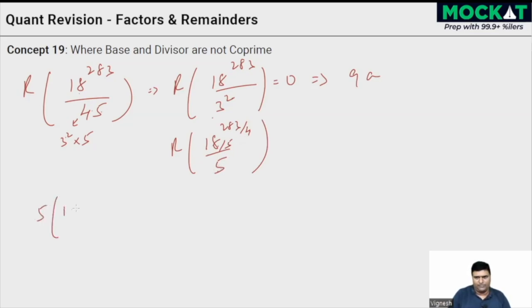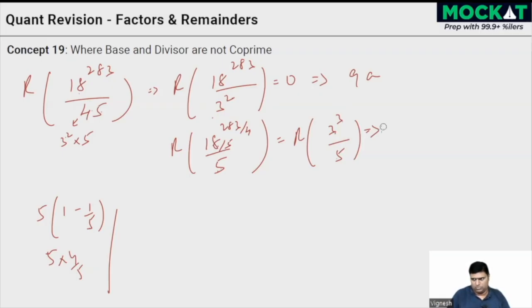Just apply it. 5 into 1 minus 1 by 5. 5 is the only prime number, so you're going to get 5 into 4 by 5. So Euler's quotient of a prime number is going to be 1 less than it. And what do we get? Remainder of 3 to the power of 3 by 5, and 27 by 5, we're getting a remainder of 2. So therefore, this number can be written as 5b plus 2.